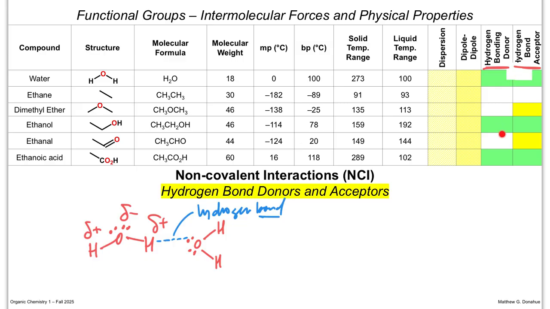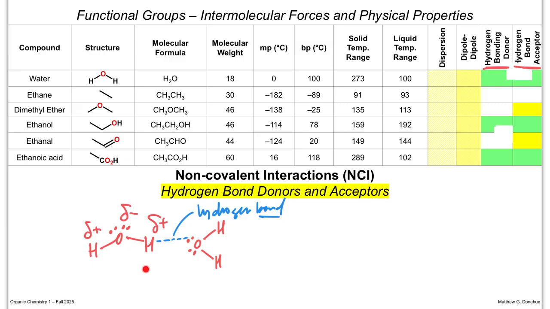But in this table, they're still stronger than these dispersion and dipole-dipole interactions that we've seen in Gen Chem. So why does that affect the physical properties? I've just drawn 2 molecules, but imagine, each molecule of water is surrounded by many others. So there's a lot of these interactions.